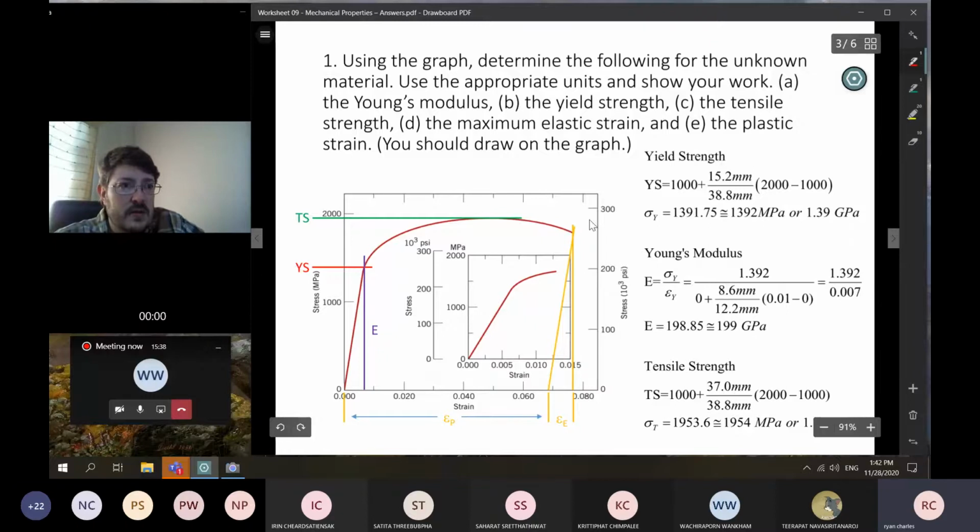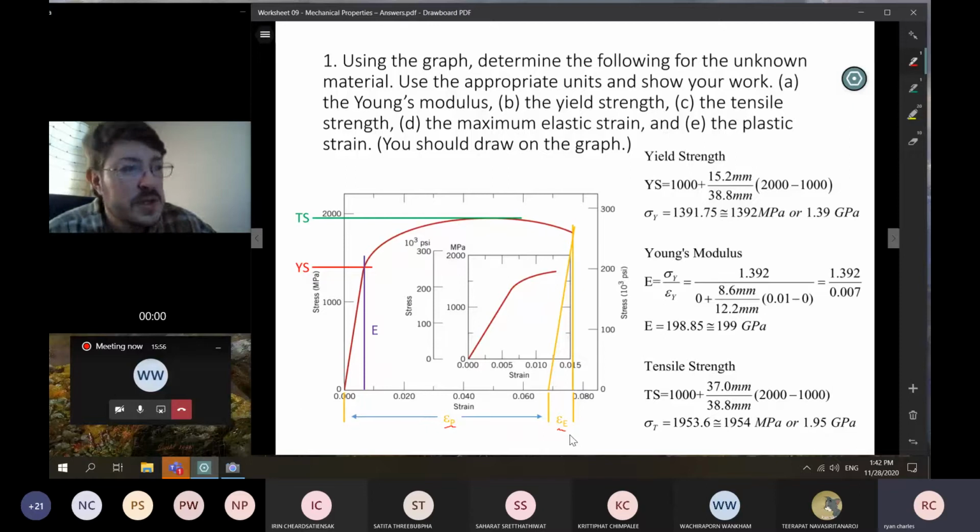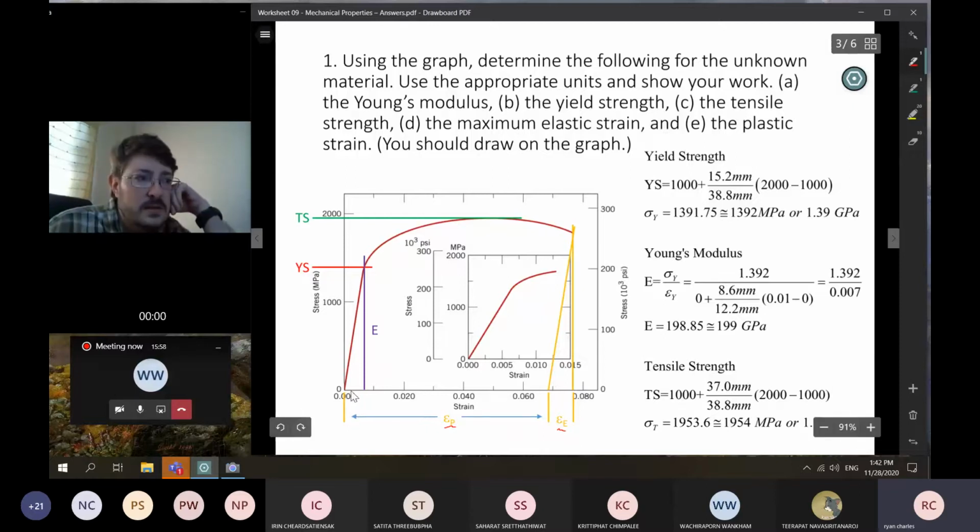That line is going to connect to the strain scale, and you have a perfectly vertical line at the ultimate strength. So you make basically a triangle here. This would be the plastic strain, and this would be the maximum recoverable elastic strain, which is a little bigger than if you were just measuring this strain here, this 0.007.